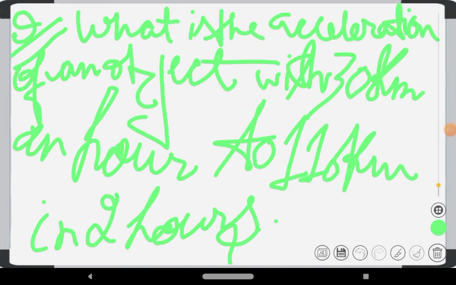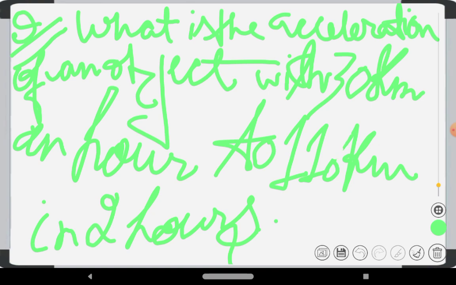So this is our last question, the third question. It states: what is the acceleration of an object going from 30 kilometers an hour to 110 kilometers in 2 hours? This is what the question is basically asking.